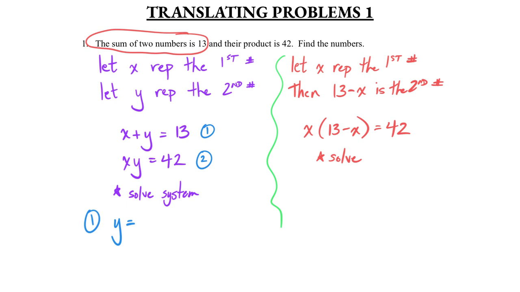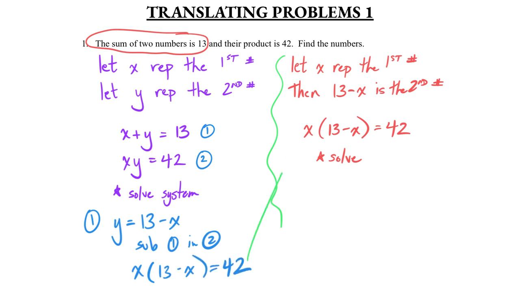Like you might get rid of that x and say to get rid of a plus x, you're going to minus x. So you would rearrange equation 1 to solve for one of the variables, and now you're going to use substitution to sub that equation into the other one, and you'll notice my blue equation matches up with my red.